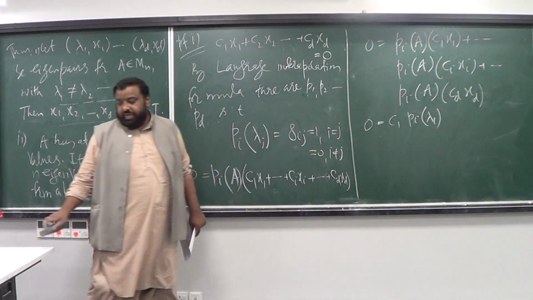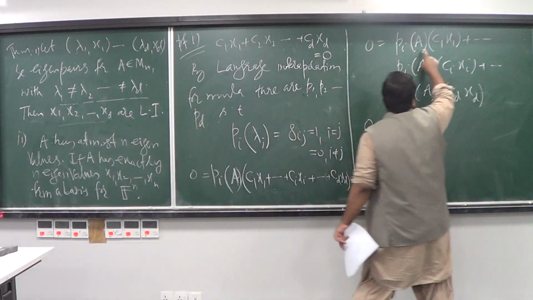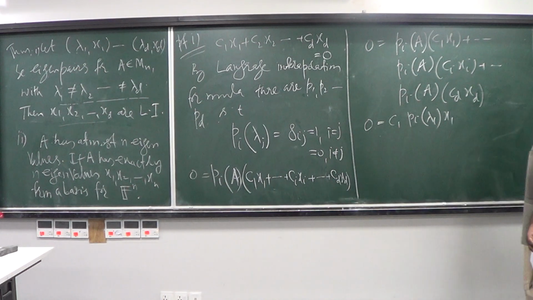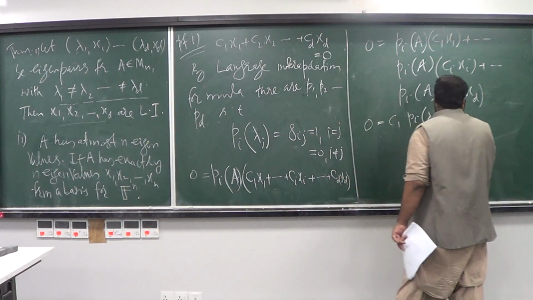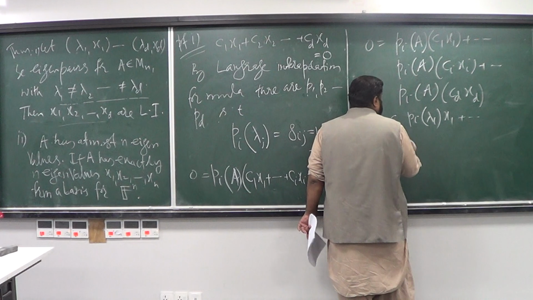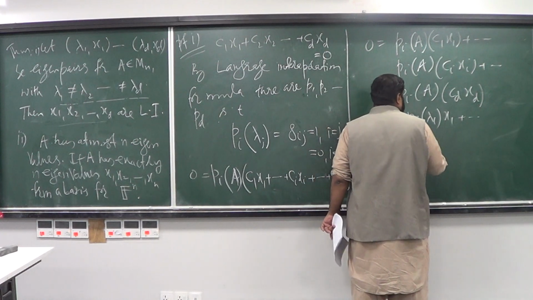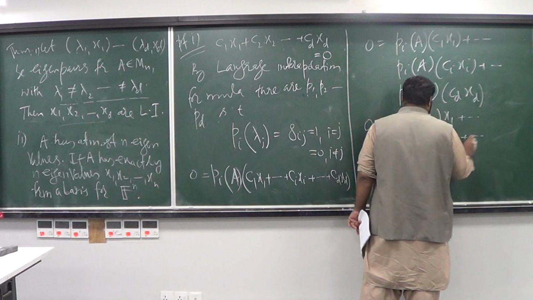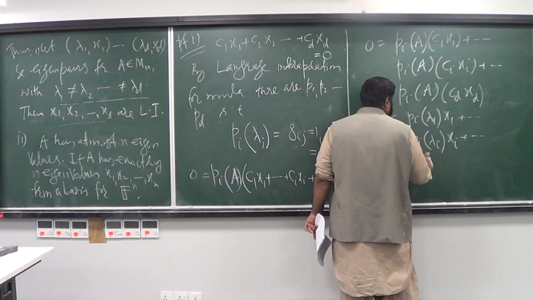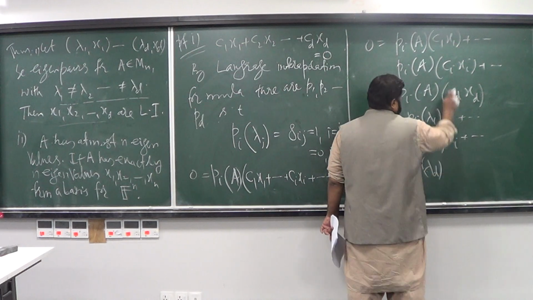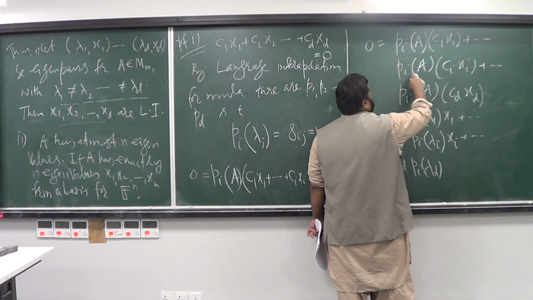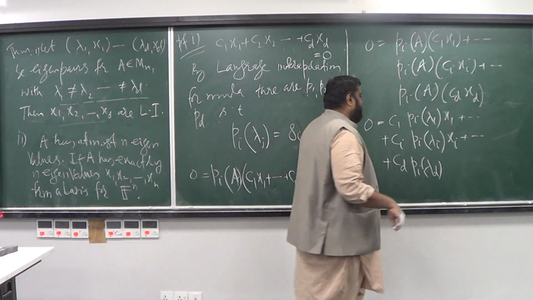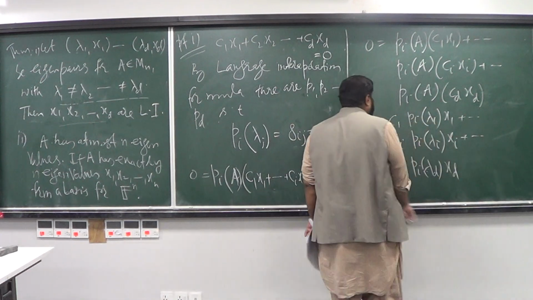So using this identity, Pi of A multiplied with x1 will give you Pi of lambda 1 x1, plus so on and so forth, plus ci Pi of lambda i xi, plus so on and so forth, cd Pi of lambda d xd, because Pi evaluated at A multiplied with xd would give you Pi evaluated at lambda d multiplied with xd, and all this is equal to 0.